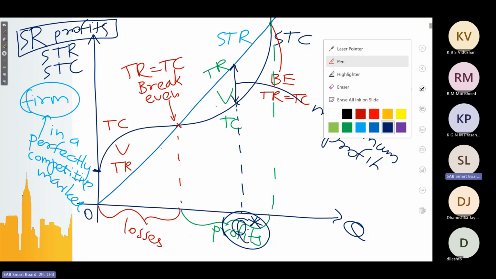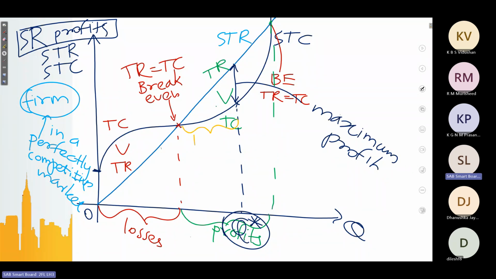Over this range also we have profits, but they are less than the maximum profit. Here also we have profits, but less than the maximum profit.